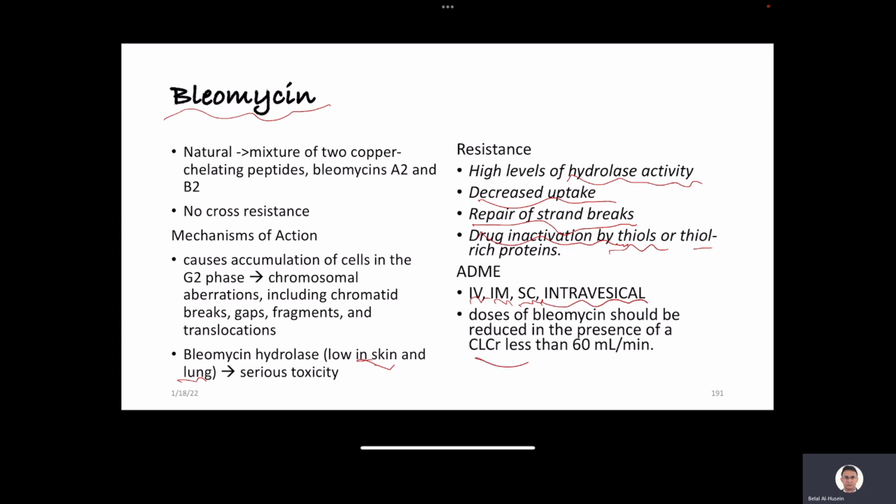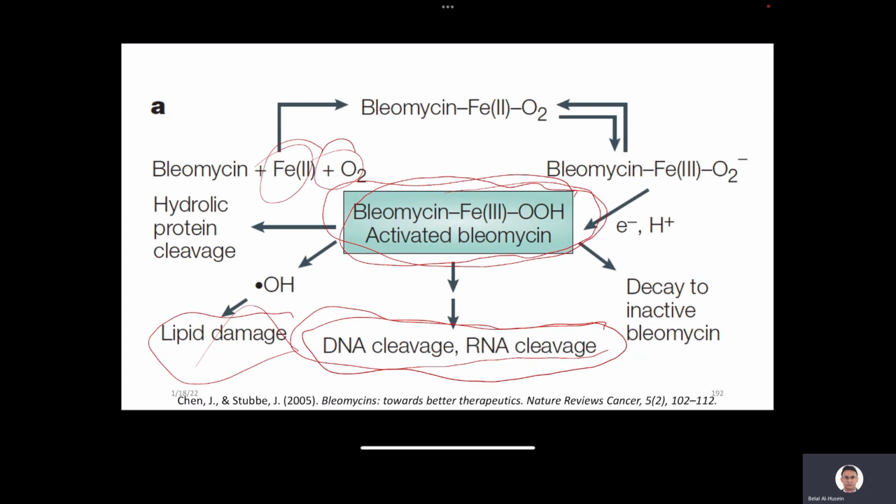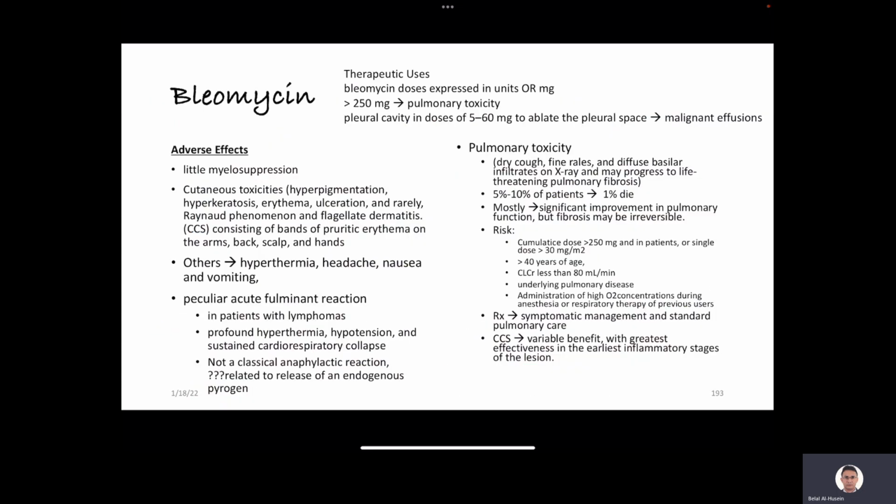And the dose should be reduced in reduced renal function. As we have mentioned, the drug causes skin toxicities and pulmonary toxicity. Pulmonary toxicity is expected if you exceed a cumulative dose of 250 milligrams or 400 milligrams per meter square.